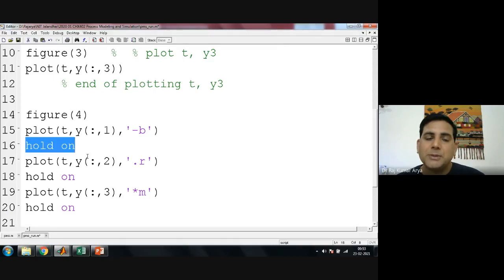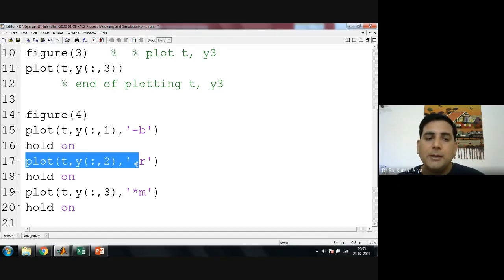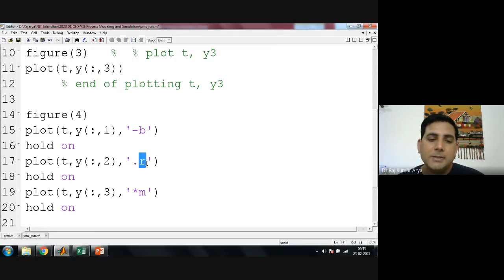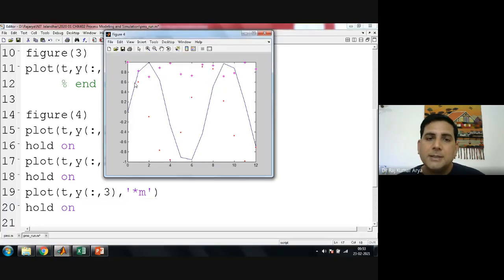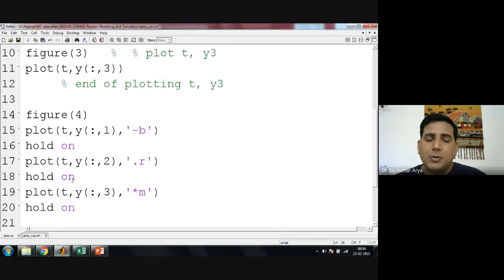Now I gave one more command here, hold on. Hold on means the graph after it I am also going to plot on figure number 4 itself. So now I am plotting y2 with a new type of marker, a dot, with a red color, so that you can see it in figure number 4. These red dots, this one, this one, this one, is your y2. Then again I gave hold on because I want to plot y3 also in the same graph.